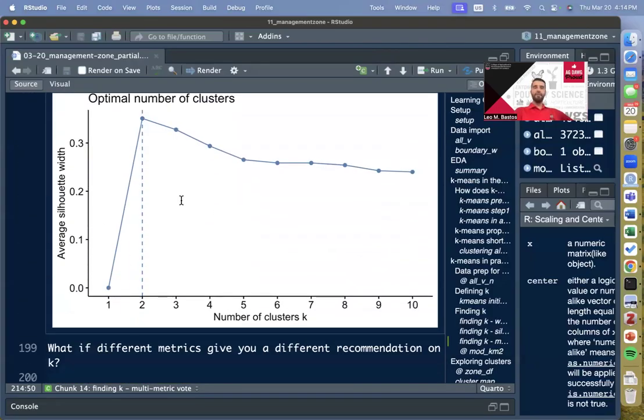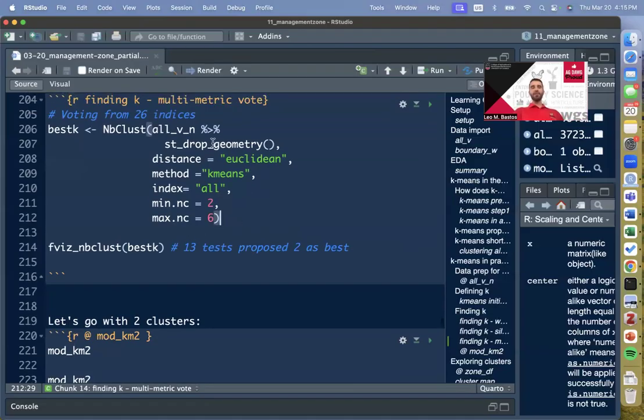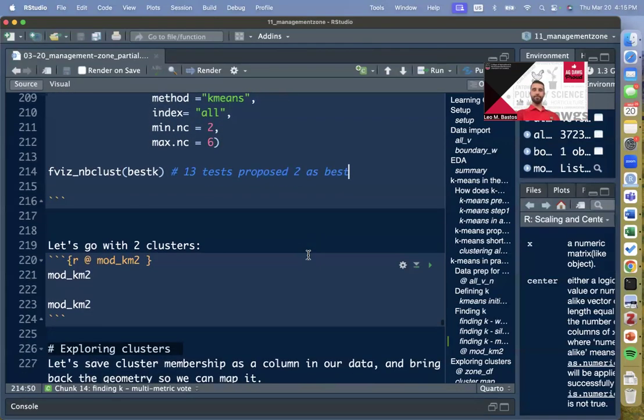If you look at the average silhouette, it would say you should go with 2. Now, what do you do, right? You're not sure. So for a more objective decision, you can run all these 26 indices and get the recommendation of the majority vote. If you do run it at home, or at least when I last ran it with my data, I got 2 as the most voted number of clusters.